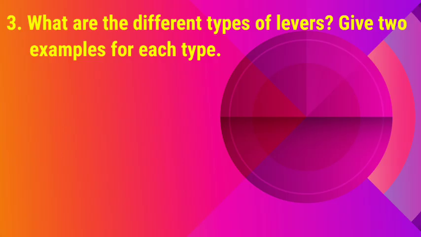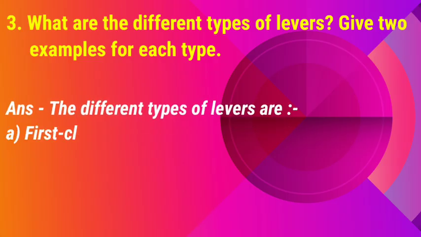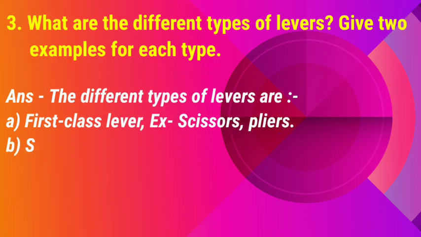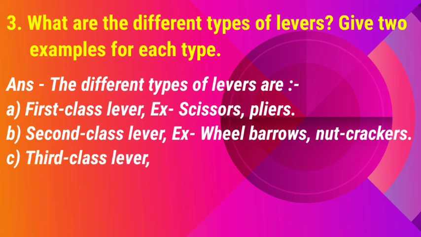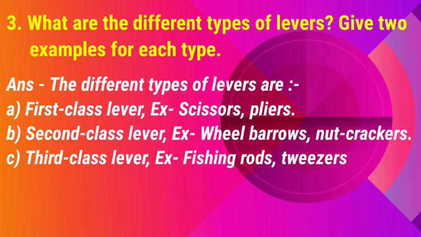Give 2 examples for each type. Answer. The different types of levers are A. First class lever. Example, scissors, pliers. B. Second class lever. Example, wheel barrows, nut crackers. C. Third class lever. Example, fishing rods, tweezers.